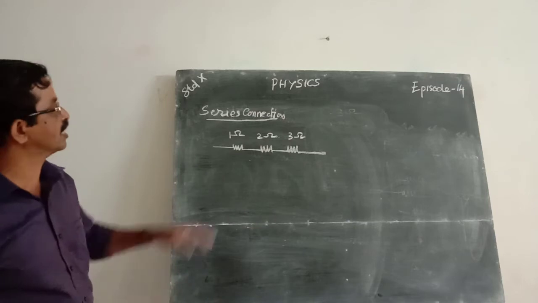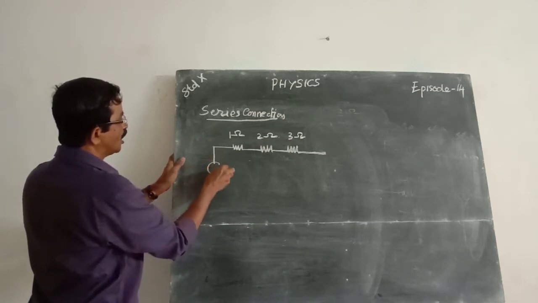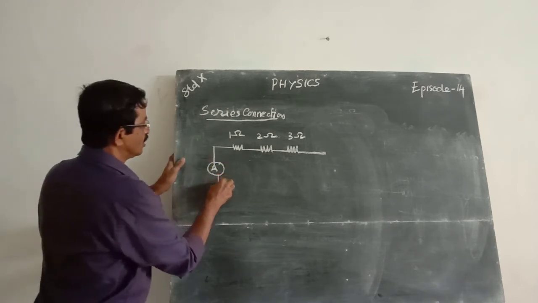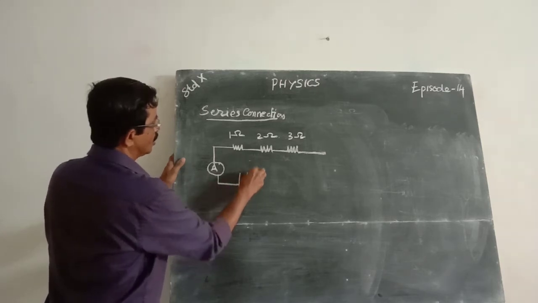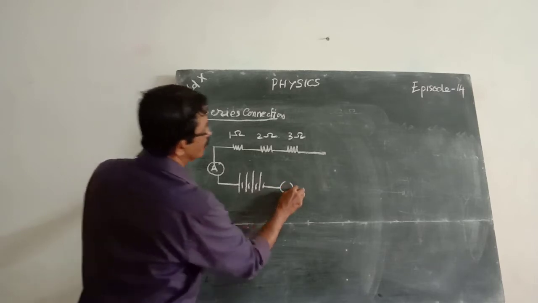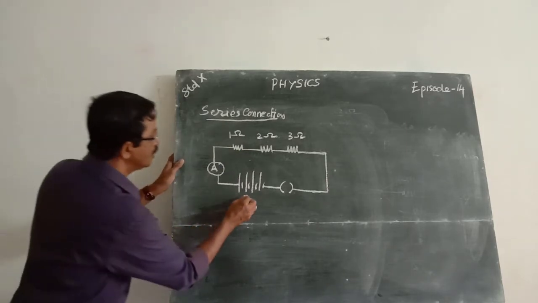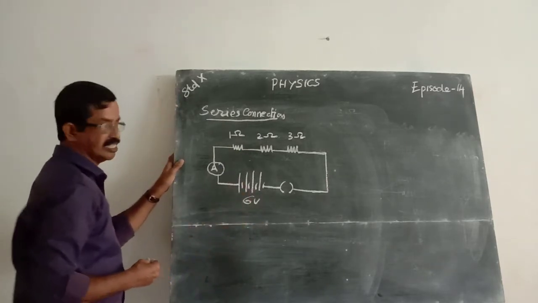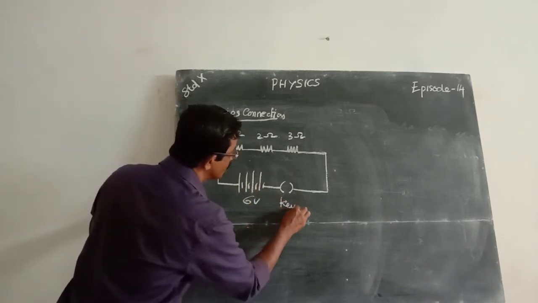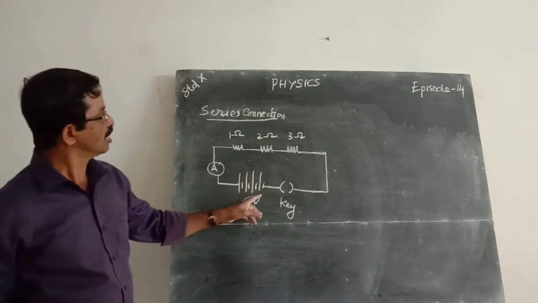The three resistors are here. Now, the current through them we can measure using an ammeter. We connected a 6-volt battery and a plug key. This one is a 6 volt battery, this one is a plug key, and this one is an ammeter.